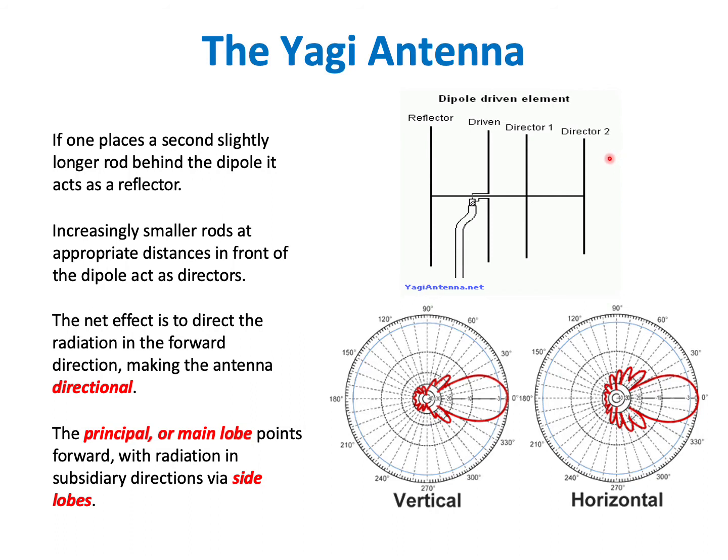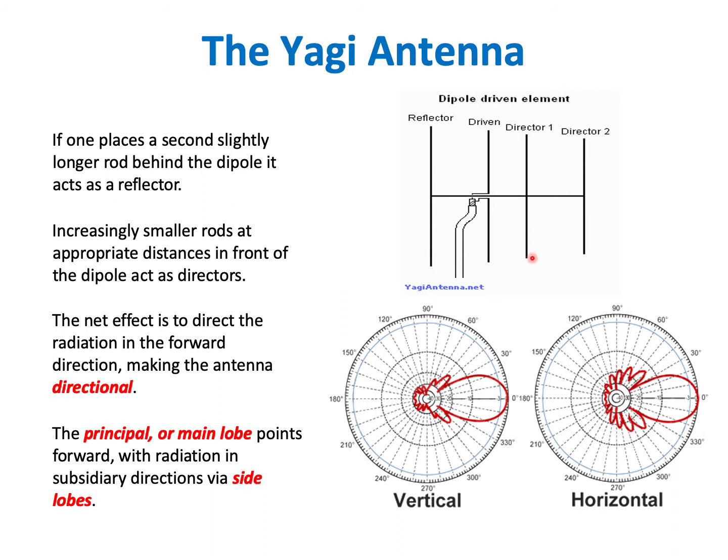Going back to the Yagi antenna, here you see on this diagram what look to be 4 dipoles. But actually there's only one dipole, this driven element. This is the only dipole element that's actually attached to anything. You can see the two halves are attached to this wire. All of the other elements are just passive. They're not attached to anything.